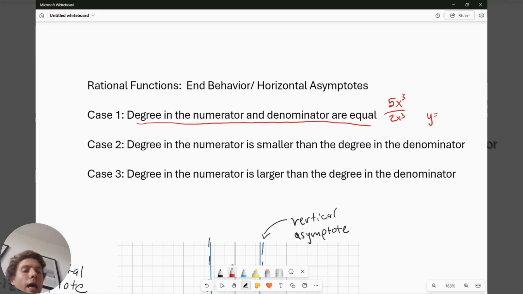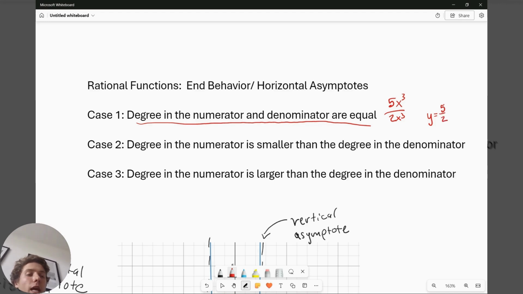The reason that works is if you were to think about the abstract idea of plugging in infinity for x, well, infinity to the third over infinity to the third, those weights cancel each other out. You basically have something dividing by itself, and all you end up getting is a value of 5/2.